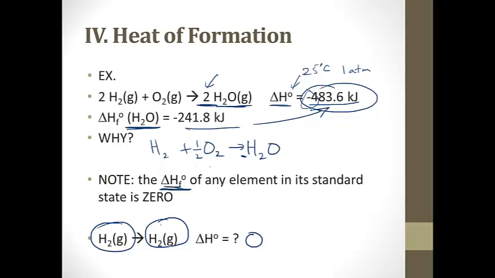And you can't double it to get rid of the fraction, because otherwise the delta H for this reaction is not going to reflect making 1 mole of the compound. So notice if 2 moles creates 483.6, then the delta H for this reaction must be half as much, because I'm only making 1 mole. So that's going to come out to be negative 241.8, which is half as much of that.